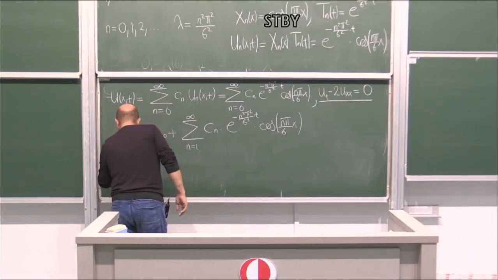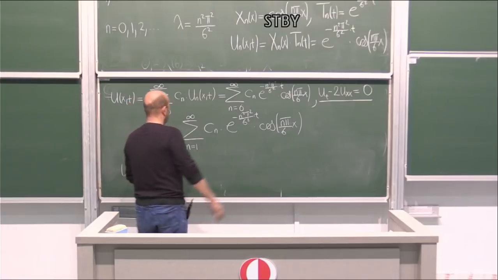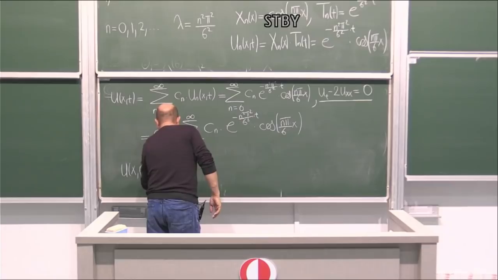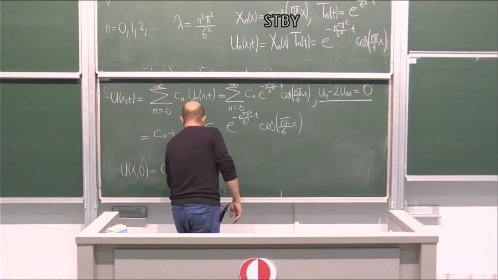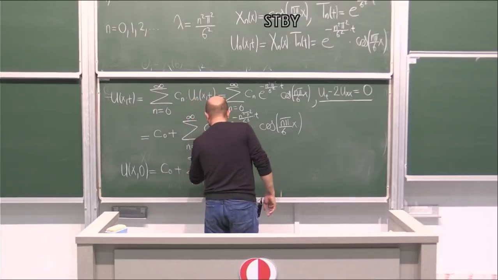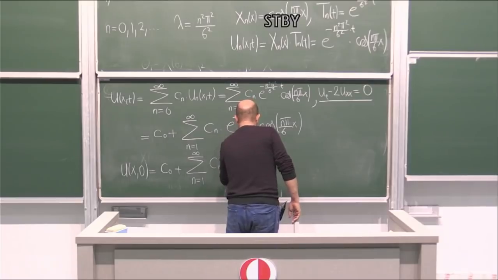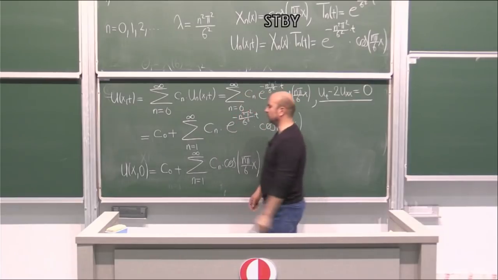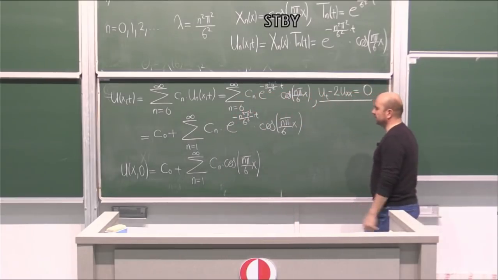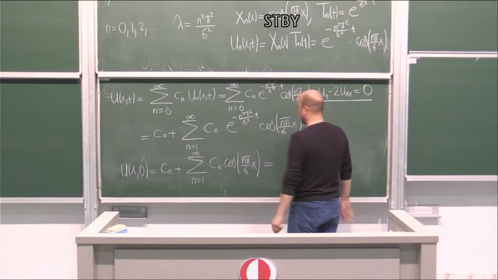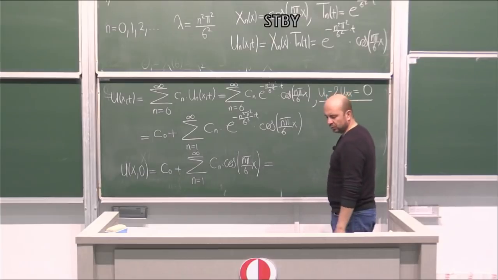So when you plug in time equal to 0, we basically get the cosine series c0 plus the sum from 1 to infinity of cn cosine n pi x. This is what we have. And this is supposed to be equal to the initial condition. What was the initial condition?